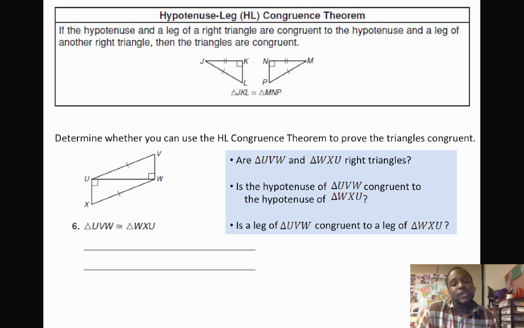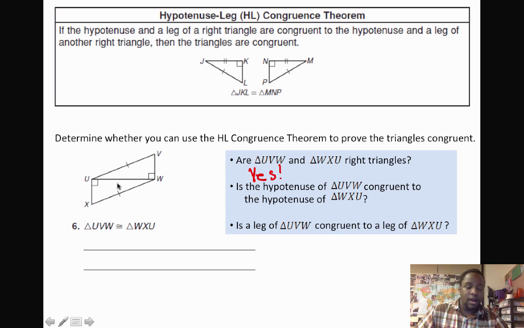Determine whether you can use the hypotenuse leg congruence theorem to prove the triangles are congruent. So first you have to ask yourself, we're trying to prove that triangle UVW is congruent to triangle WXU. Are UVW and WXU right triangles? Well, yes, they are. Is the hypotenuse of UVW congruent to the hypotenuse of WXU?